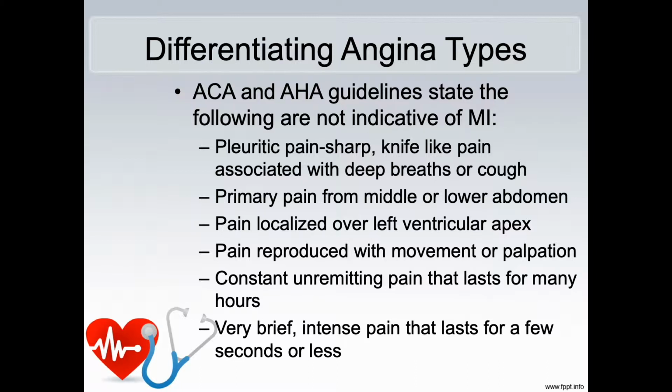Pain which is localized, especially by the finger, over the left ventricular apex. Pain that is reproduced with movement or with palpation. Constant unremitting pain that lasts over many hours, and very brief intense pain that lasts only a few seconds or less. Any of those are not considered indicative of myocardial infarction.